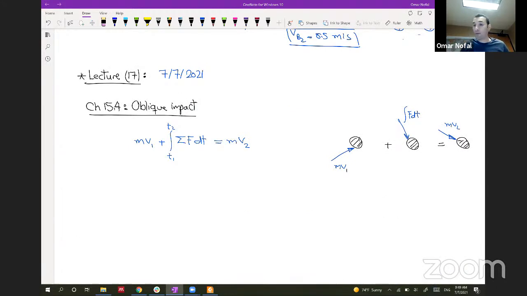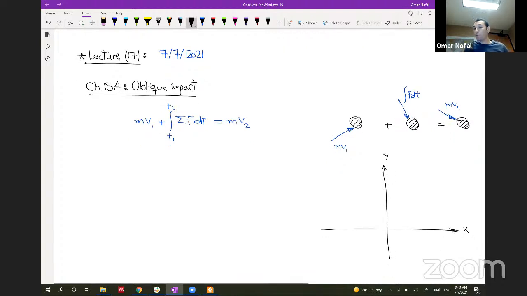Let's assume that we have the x-axis, and let's assume that this is the y-axis. And let's assume this is a table, like a billiard table or a ping pong table or whatever, and you have two marbles.